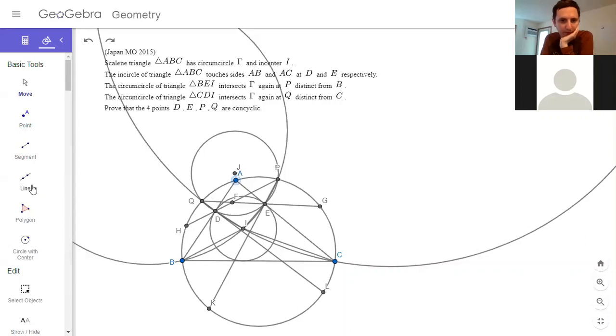Maybe we could use Pascal's theorem or something. I'm even thinking about using the power ratio lemma.